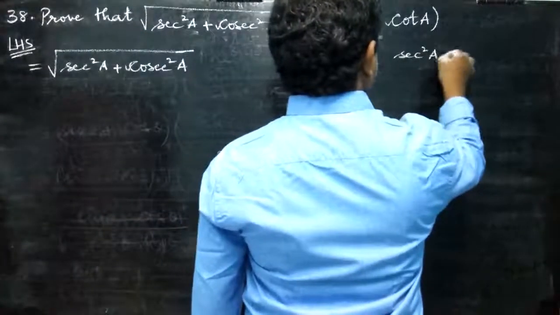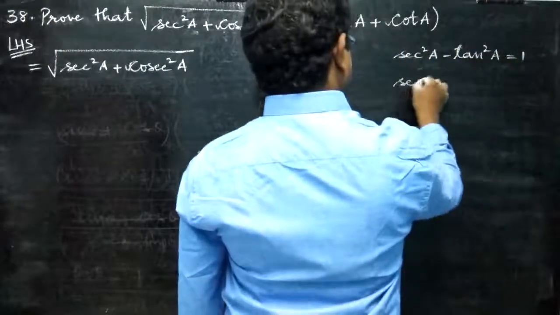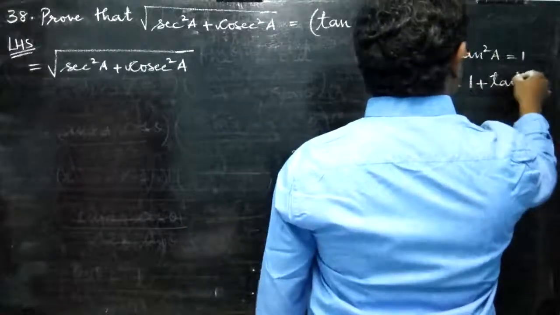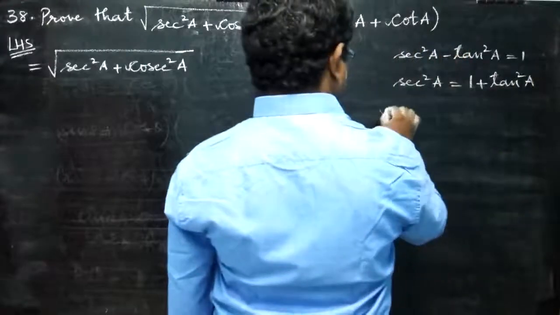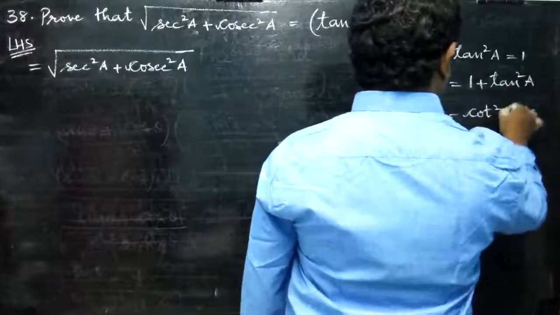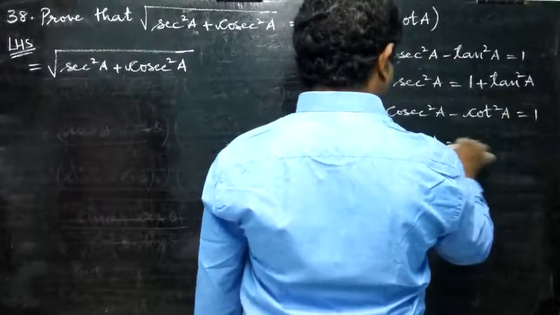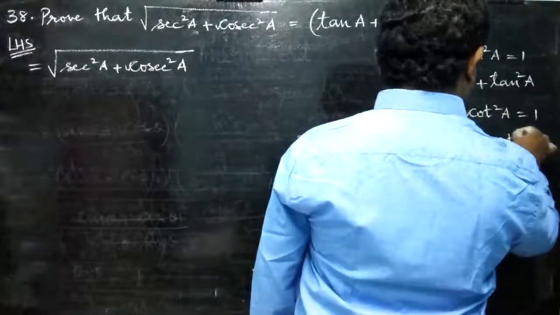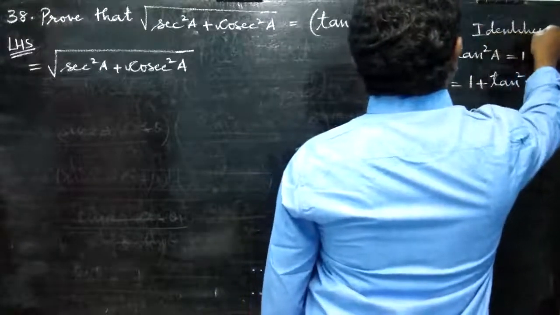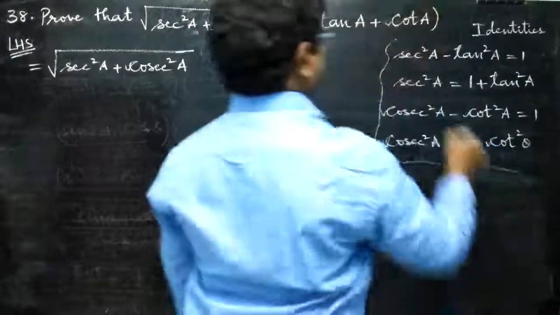Secant square A minus tan square A is equal to 1, so in the place of secant square A, we can write 1 plus tan square A. This is one identity. The next identity is cosecant square A minus cot square A is equal to 1, so cosecant square A is equal to 1 plus cot square A. These two are very important identities, because two identities we are using here. Keep in mind.